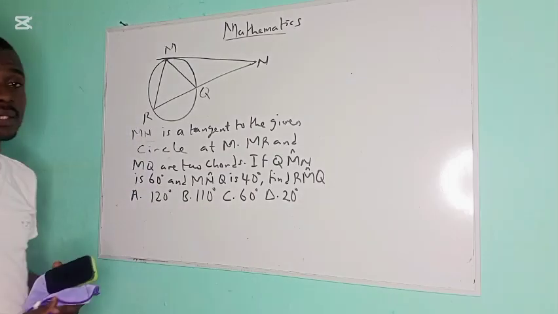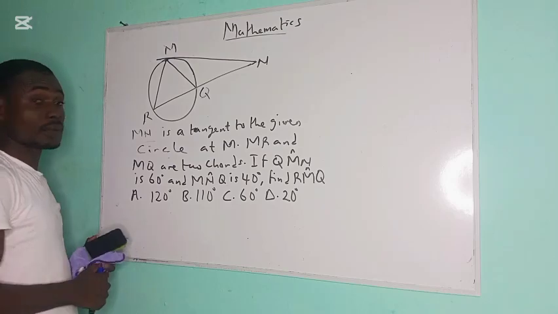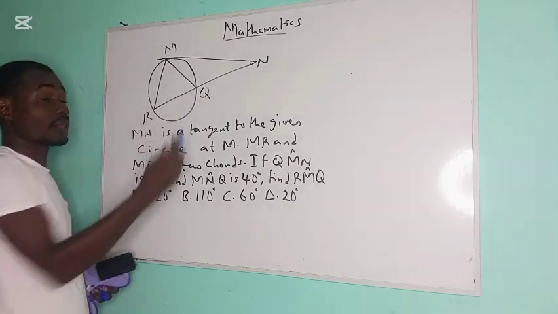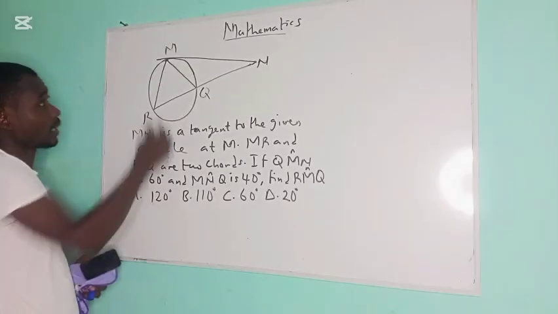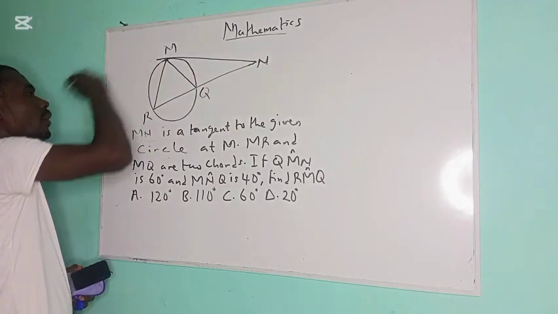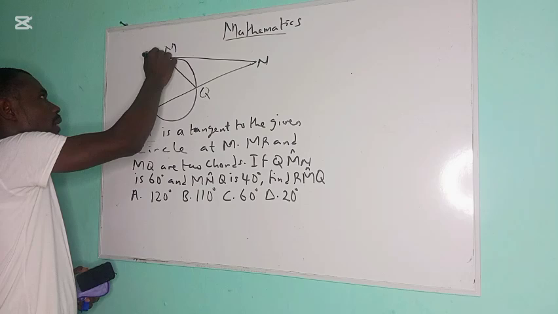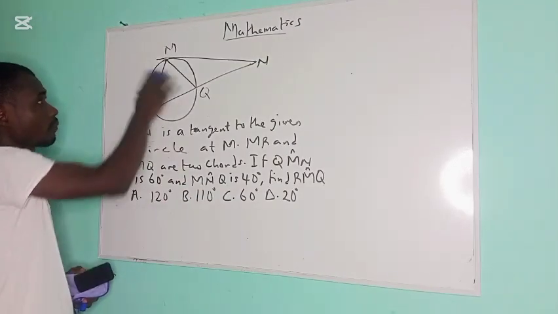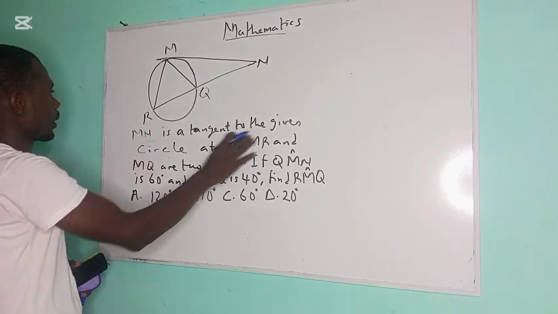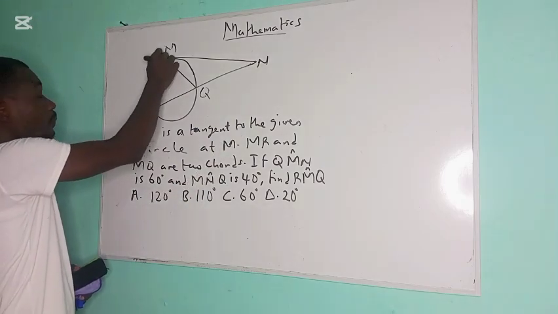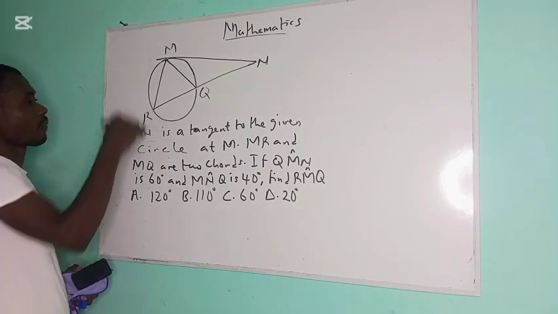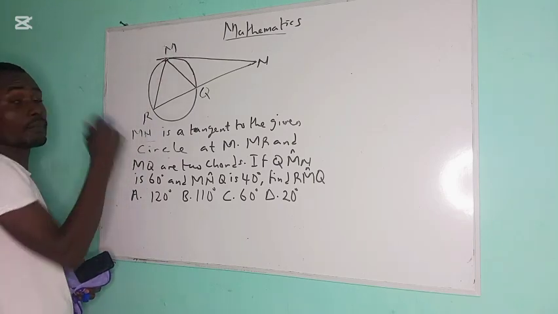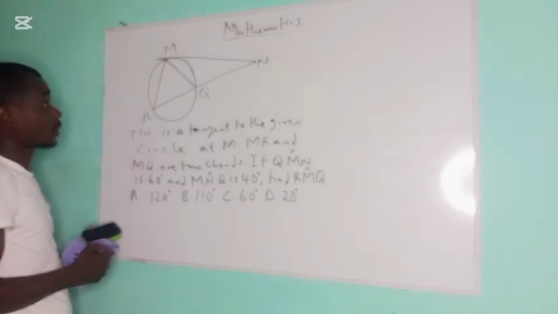So let's look at this problem to solve. Now they said MN is a tangent. By now you know what a tangent is: the line that touches any part of the circumference of a circle. So here is the point of tangency, the point at which the line touches the circumference of the circle.